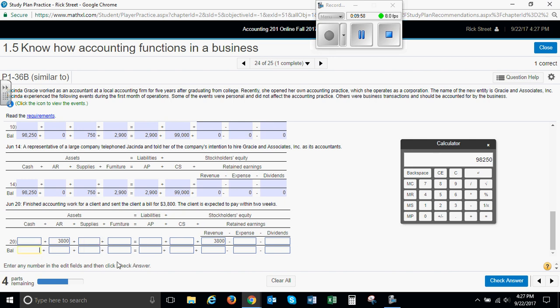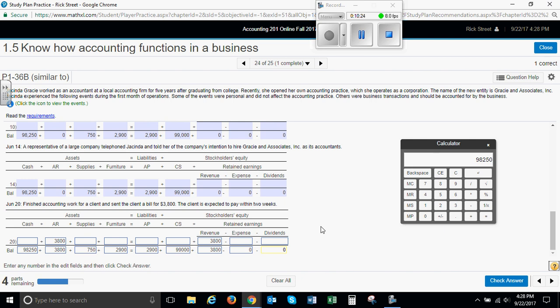So now we're going to carry down our balances again. Notice we're conserving our cash. $3,800 in revenue, no expenses yet, and no dividends.